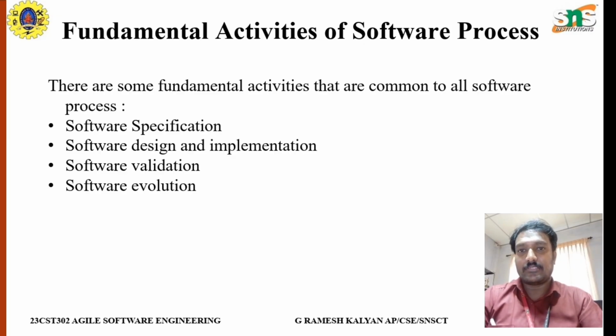The last one is the software evaluation. The software evaluation is the final process, where a partial increment or 80% of the software as an increment is delivered to the end user, and any modifications or version updates can be done in the future.